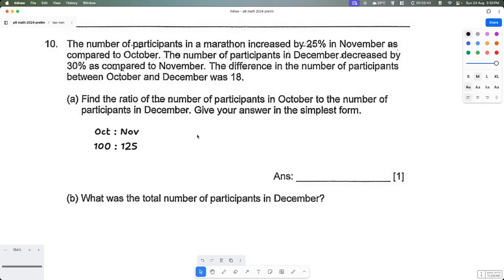So if November is around 1 to 5 units, right? That means for December it decreased by 30%. So December is 1 to 5 units times 100 minus 30, because it decreased by that, which is basically 70%.